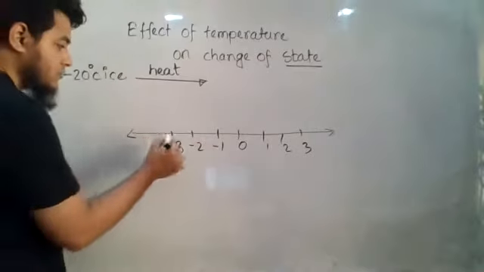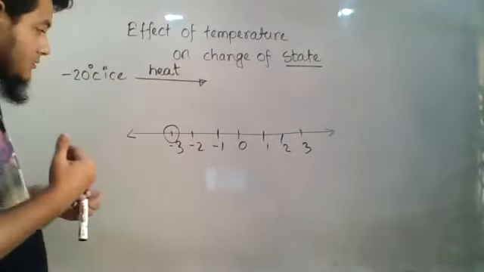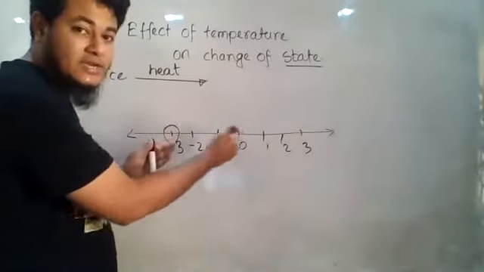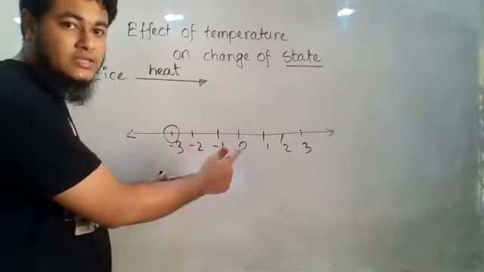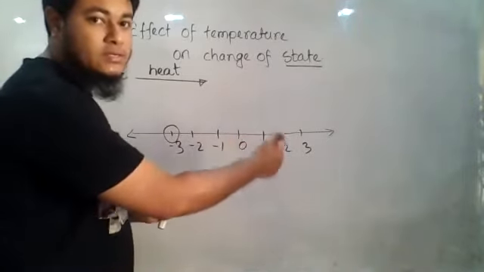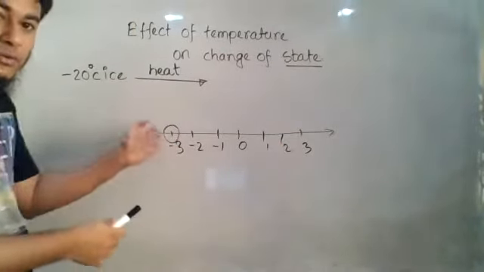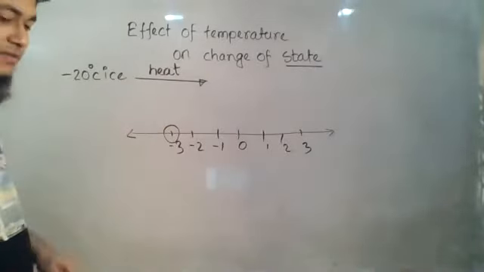So if you are at -3, any number you choose on the right side is greater than -3. So -2 is greater than -3, -1 is greater, 0 is greater, 1 is greater. And if you are decreasing, then you will go on the left side. So that will be -4, -5, like this, okay?